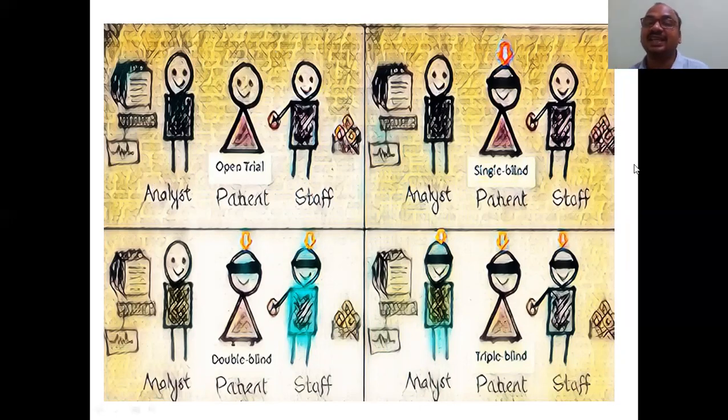Whereas in single blind study, the patient becomes blind. Why it is blind means he is not actually blind, he has eyes. He is blind means he does not know the name of the medicine. Don't think that the blind patient has no vision. Everything is good. Why is it called blind?